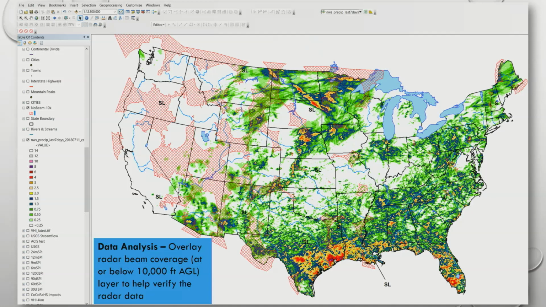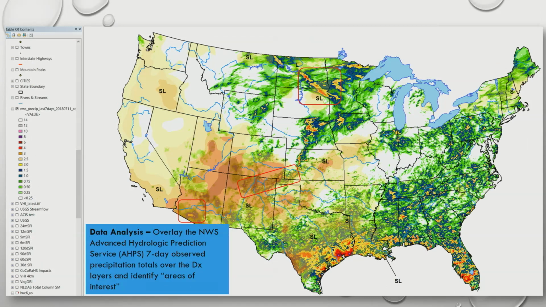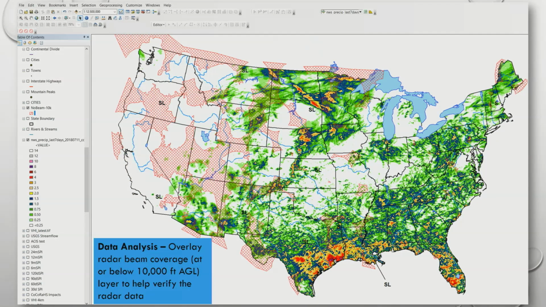Then I may do something like this. What I just showed you here is from the AHPS, which is the Advanced Hydrologic Prediction Service from the National Weather Service. This is a combination of radar data, observational data, and in areas where there isn't radar coverage, there are satellite precipitation estimates put into it.